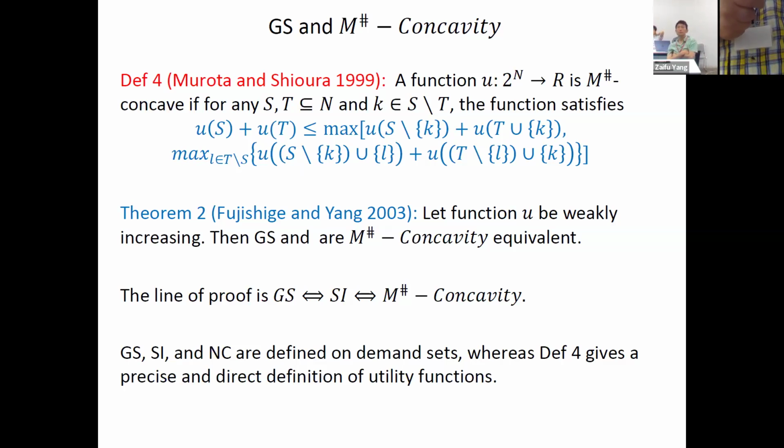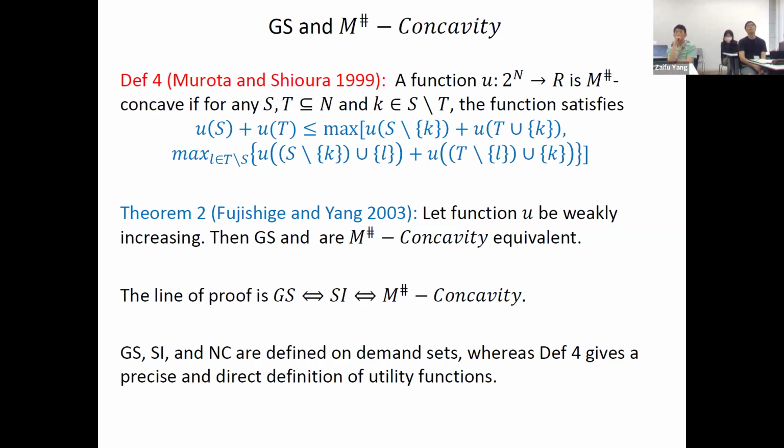So for any subsets S and T of N, you take i from S but not in T. Then you construct a function in this way. This is quite an ingenious way. Actually, Murota's M function has this part.